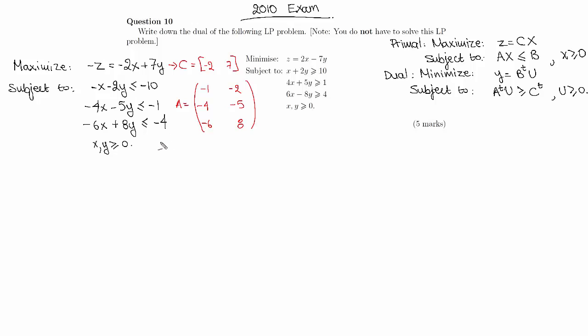And then also we have from here the vector b, which is minus 10, minus 1, and minus 4. And from these, we're going to use these to find our dual problem.